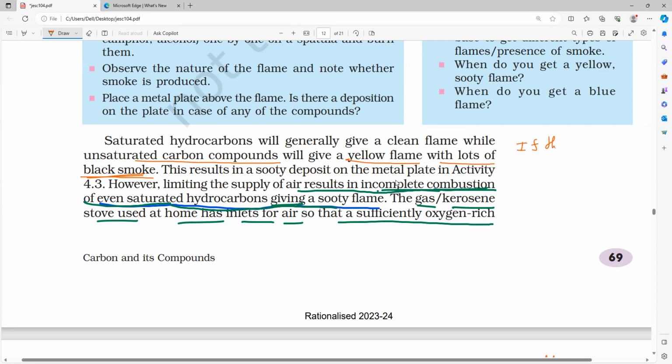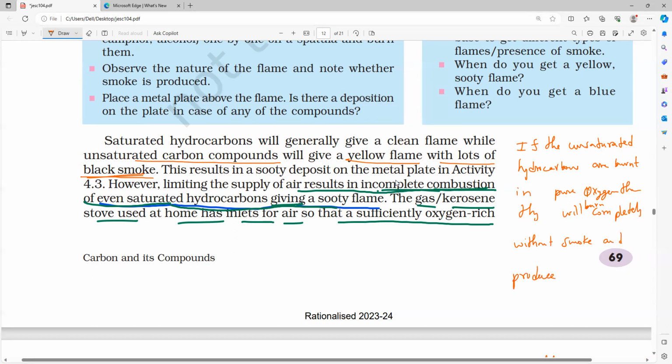If the unsaturated hydrocarbons, write it everybody, are burnt in pure oxygen, then they will burn completely without smoke, and produce what flame?